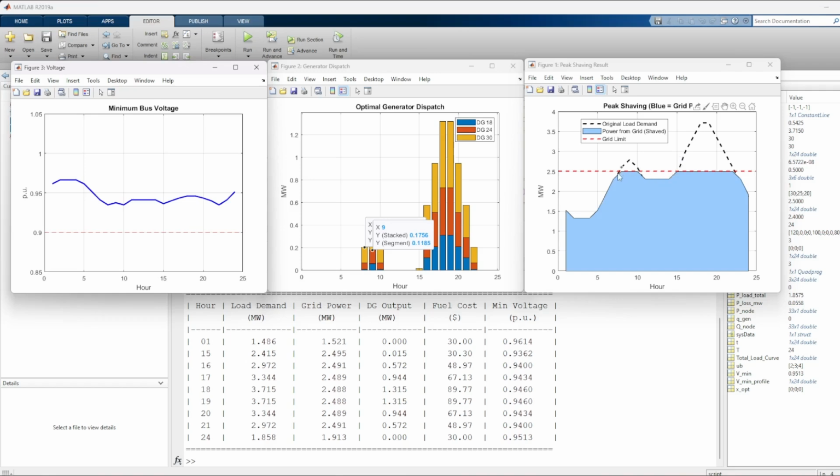But from 8 to 10 hours, or from 15 to 22 hours, we have a spike in demand, more power demand than our grid limit.